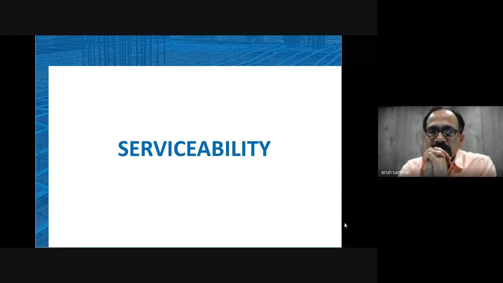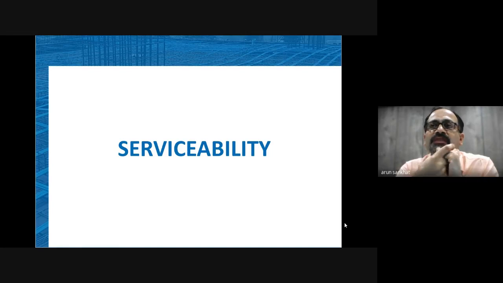The serviceability aspects are not attended to as much as they should be, even in RCC. So we start our design with serviceability first. The first and foremost parameter to watch out for in PT at our place is the serviceability aspect.